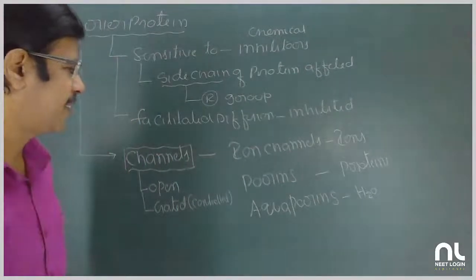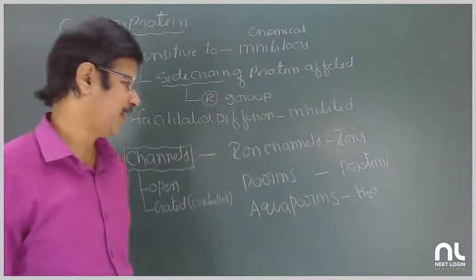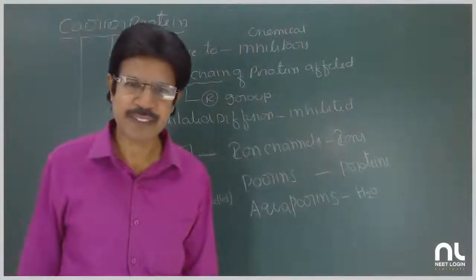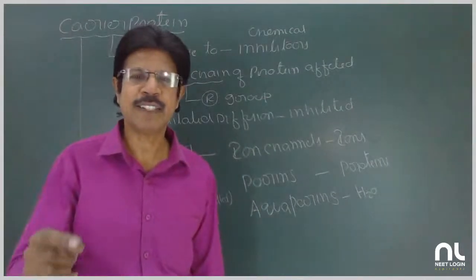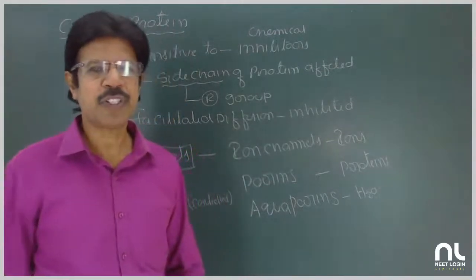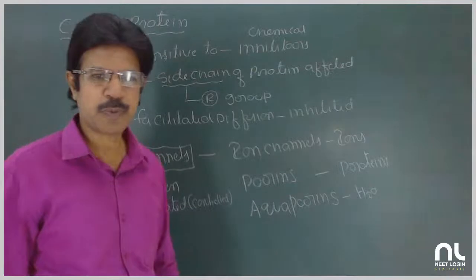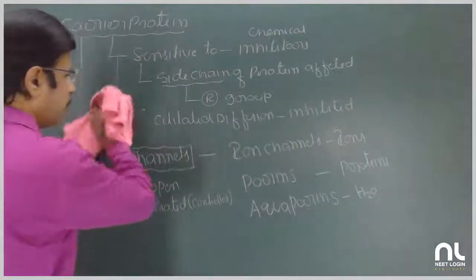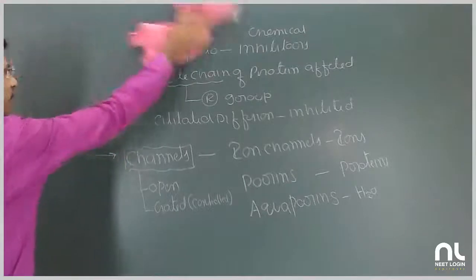Ion channels, porins, aquaporins. Porins are nothing but carrier proteins present in the plasma membrane concerned with the transportation of small sized proteins. We'll see what porins and aquaporins are.